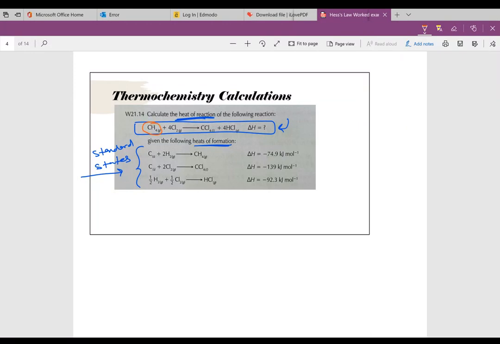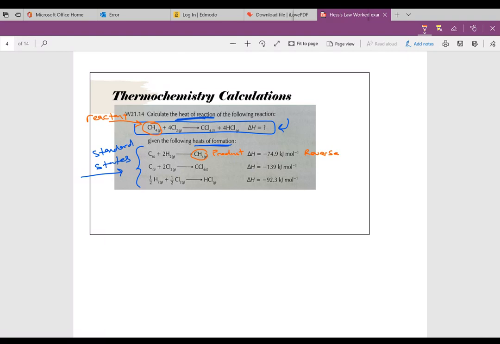So the idea being that I look at these. I'm going to take the CH4. CH4 here is a reactant, and then I look for CH4 down in my 3 equations. I have a CH4 here. The problem is it's a product. Because it's a product, I want to reverse this reaction.